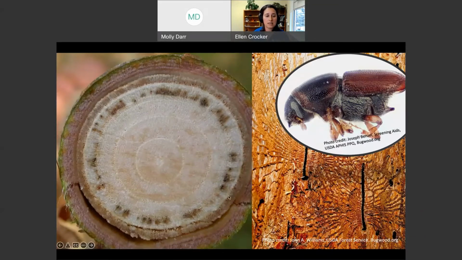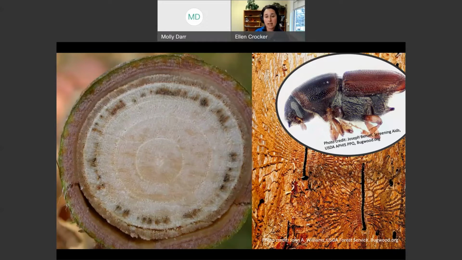But this invasive fungus is being spread by these beetles and then getting in the vascular system of the tree and shutting off that flow of water that's so essential, as well as the tree's defenses to that. So Dutch elm disease, after its introduction, killed a huge proportion of our elm trees.